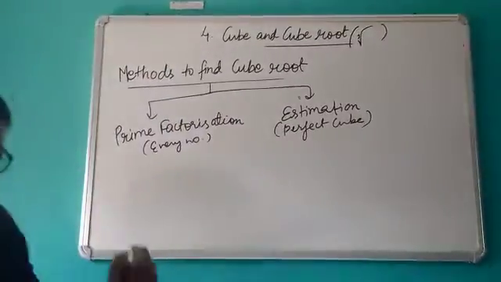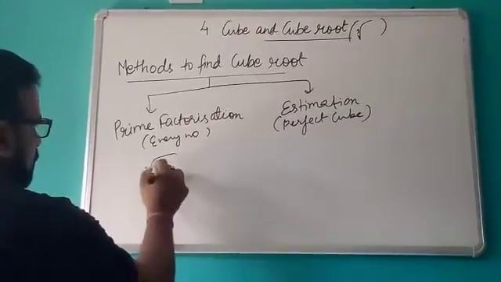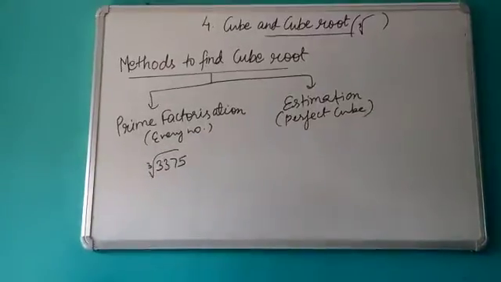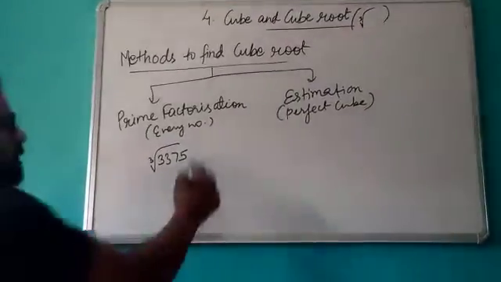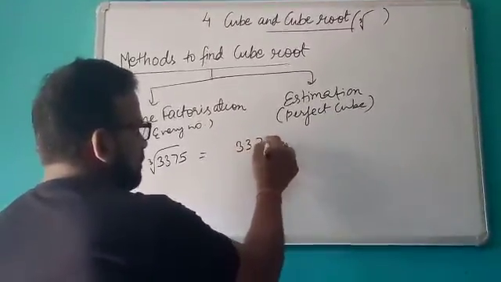Now suppose I have a question, suppose this is my question: 3375, and I have to calculate the cube root of this. So first I will do the prime factorization.